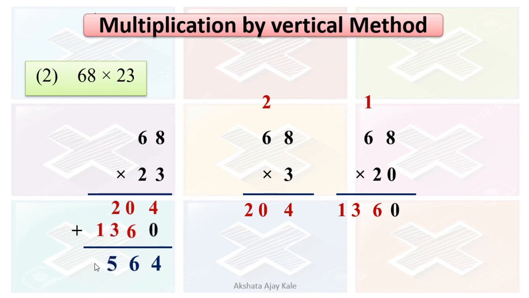And here 1. So our answer is 1564. Got this? I hope you understood about the vertical method of multiplication.